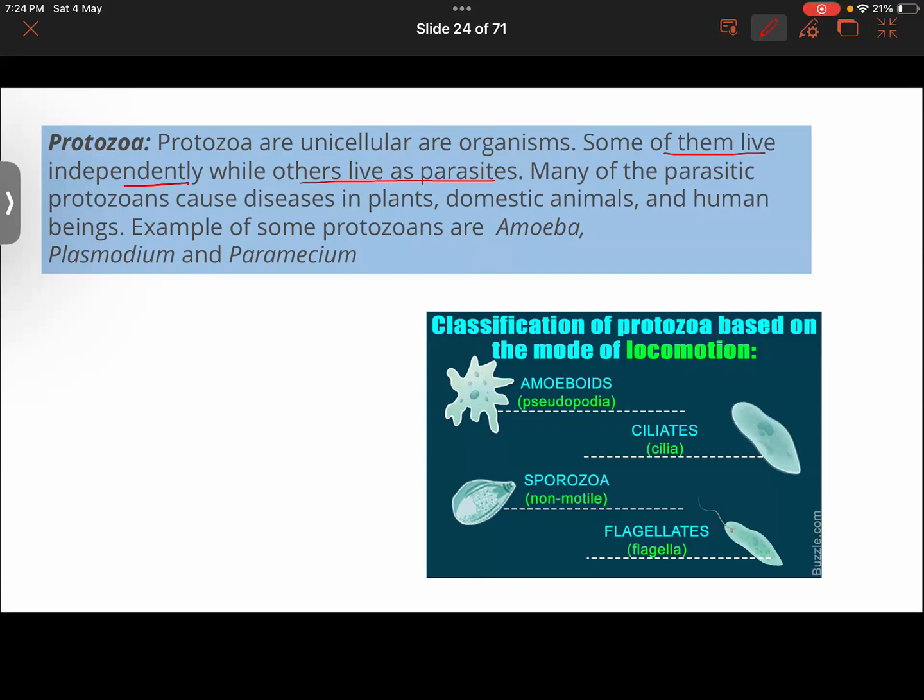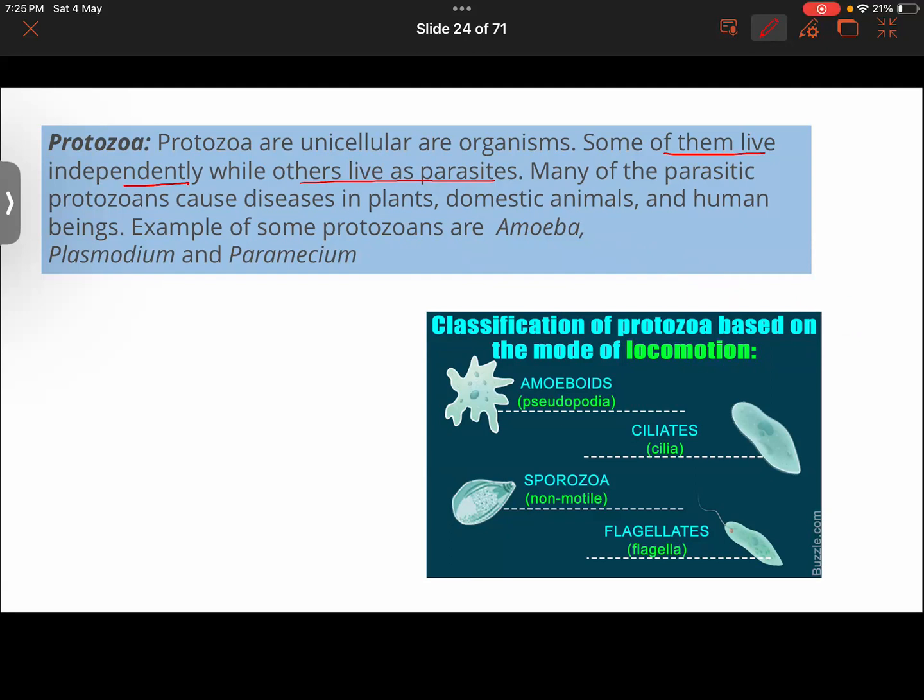So they can be found living alone, that is independently, or they can be found living as parasites. Like, it could be found living in the blood of the human body, in the blood of certain animals, or in the blood of mosquitoes. So that is the thing.